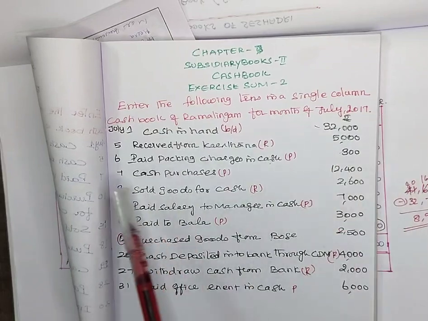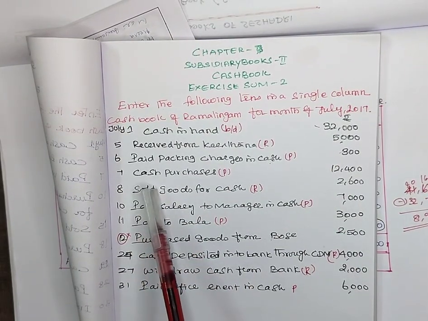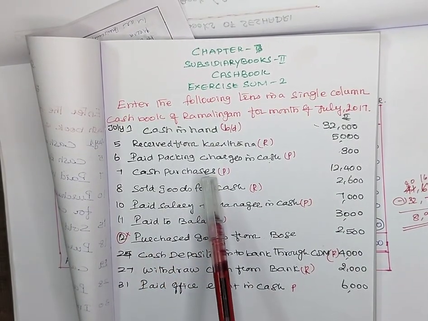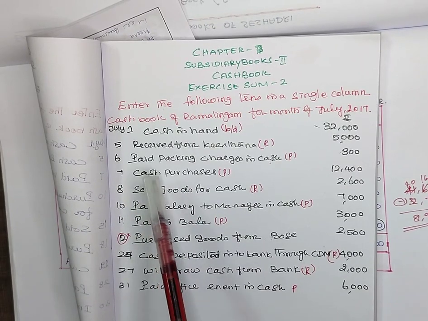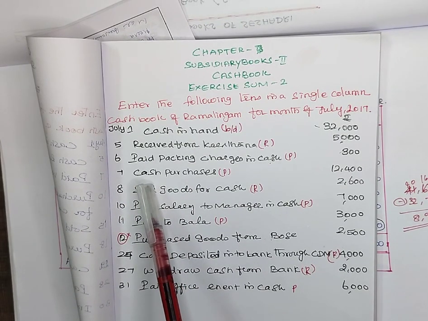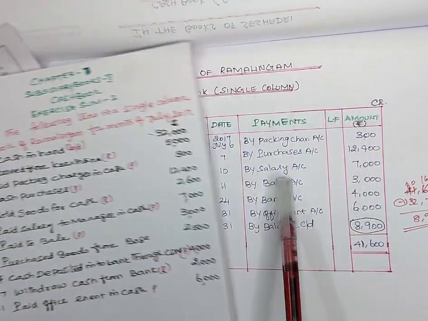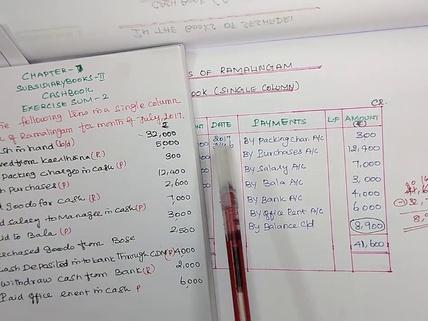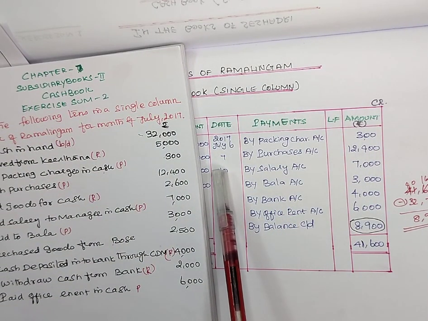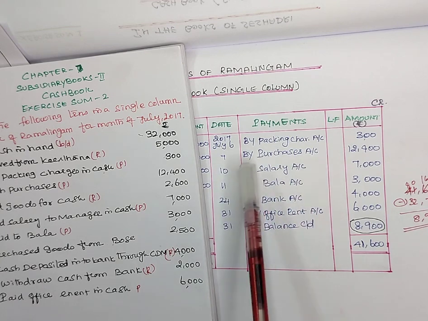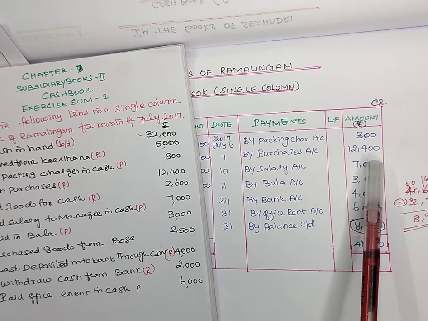In another way, what is the journal entry for cash purchases? Purchases account debtor to cash account. Cash account shows on the credit side, so we go to the credit side dated July 7. The opposite account from the cash account is purchases account. So by purchases account 12,400.